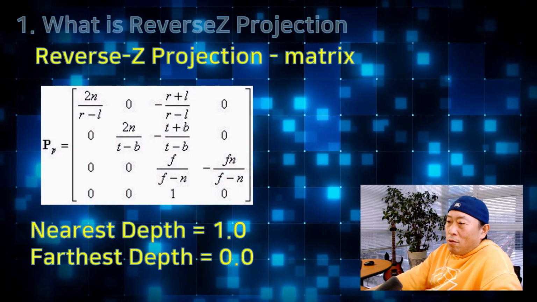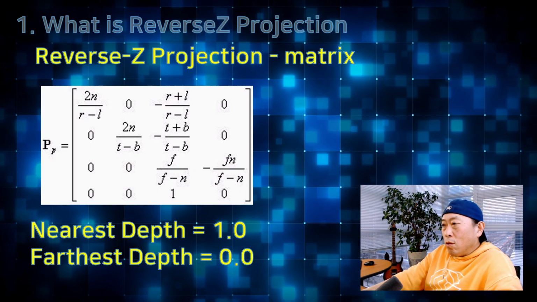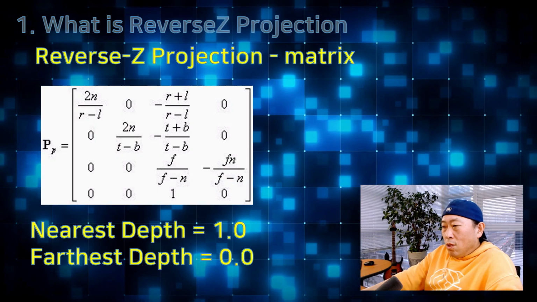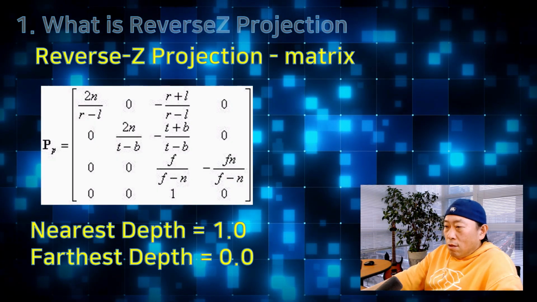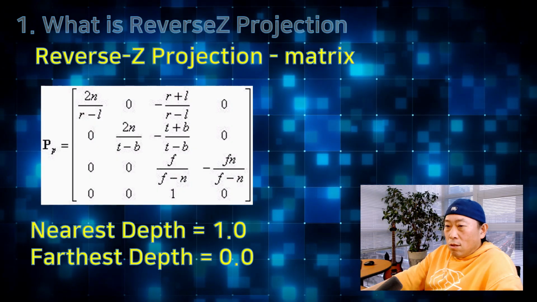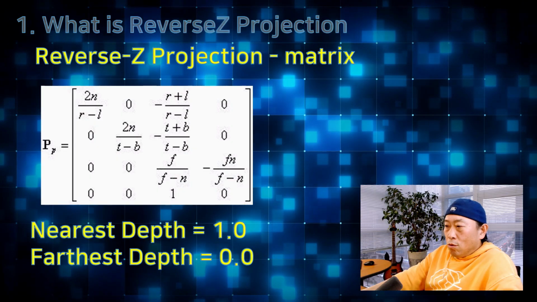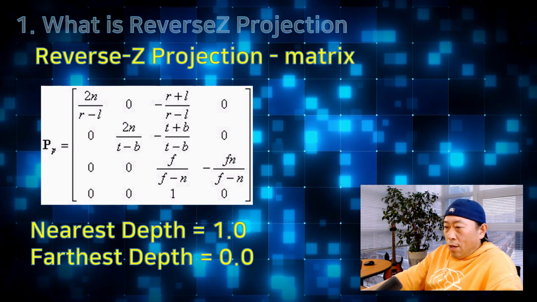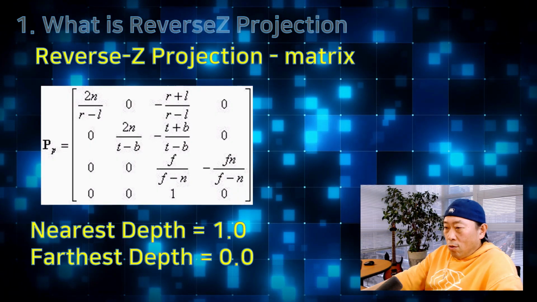What is reverse Z? This is the reverse Z projection matrix. There are some modifications from the original standard Z matrix. By using this matrix, you get the near plane depth as 1.0 and the far plane depth as 0.0.